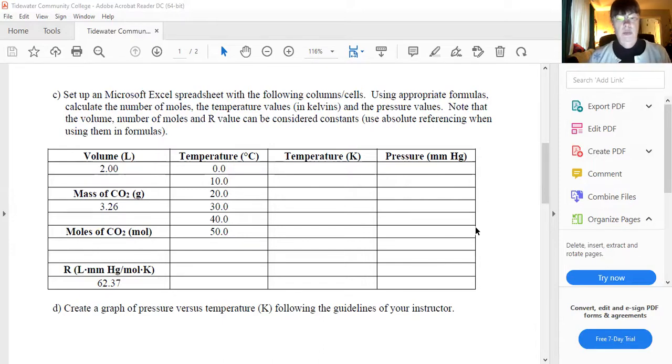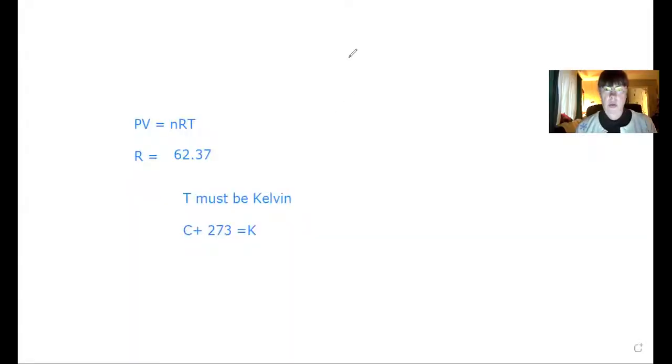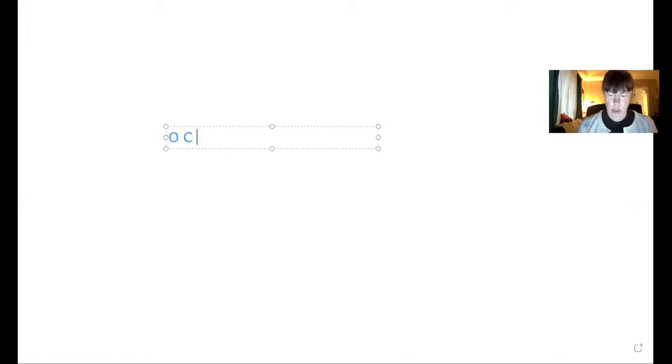Let me give you some approximations on how this math goes. If you have 0 degrees Celsius, plus 273 is going to give you 273 Kelvin.